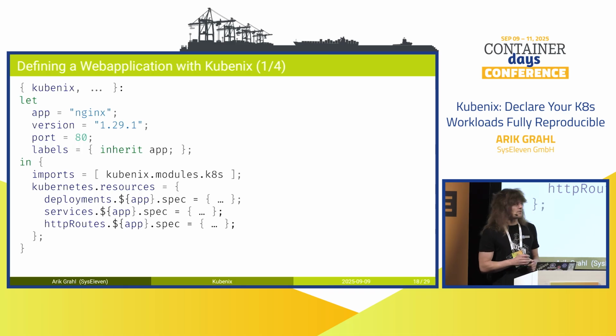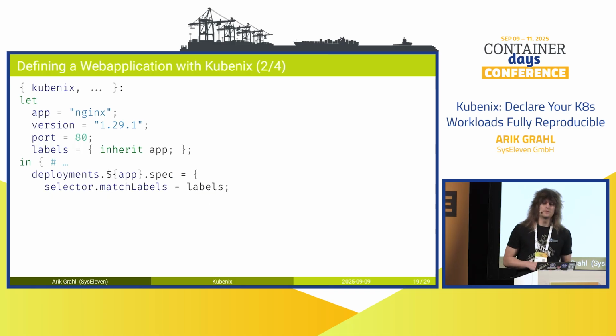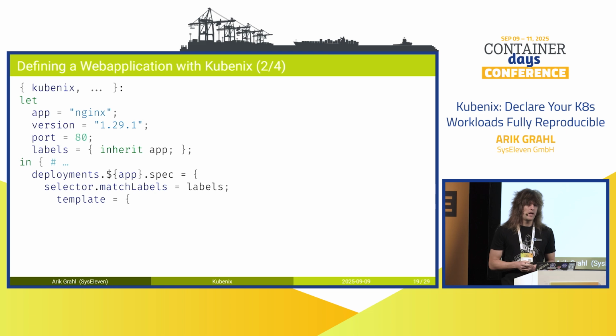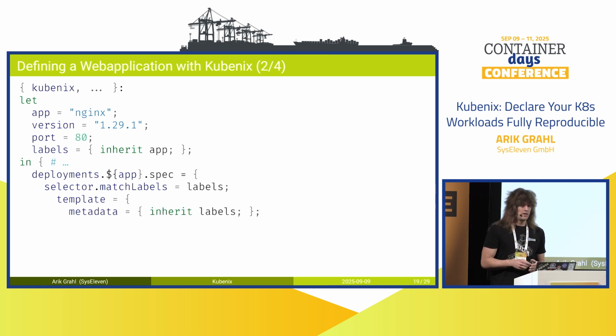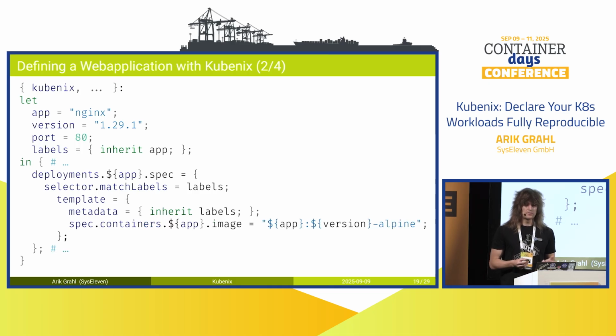Now, let's drill into each of these parts. First, the deployment. Here we can take advantage of the previously defined labels by specifying the match labels and then directly moving on to defining the template. Again, we're using the labels and inherit those into the metadata section. Similar to the previous example, we are defining the container's image URI and are done with the deployment.